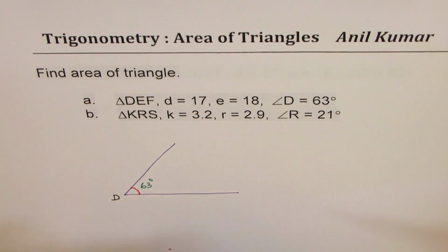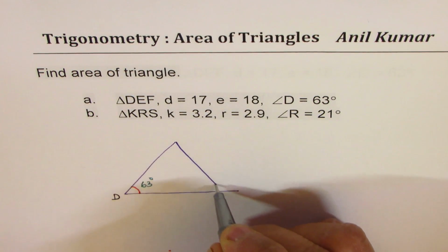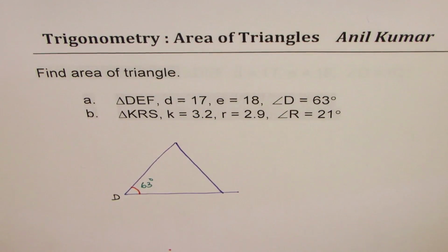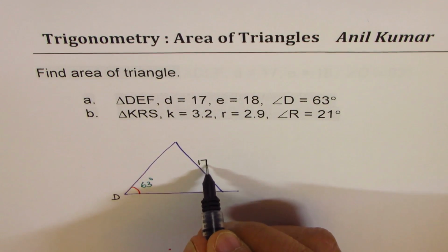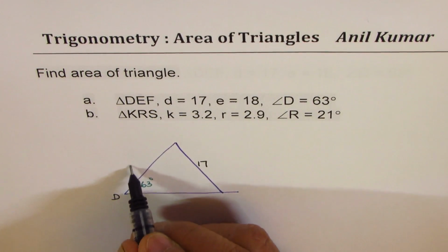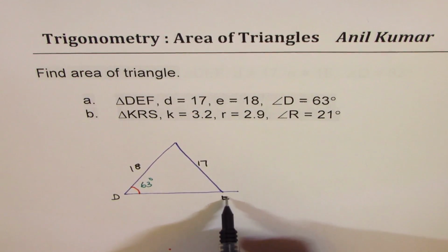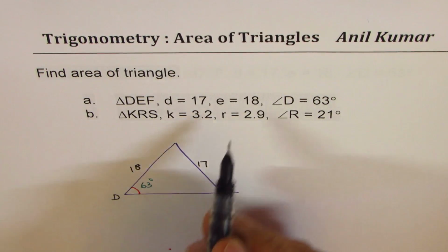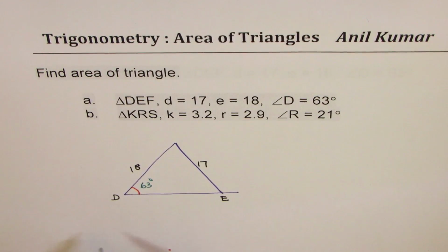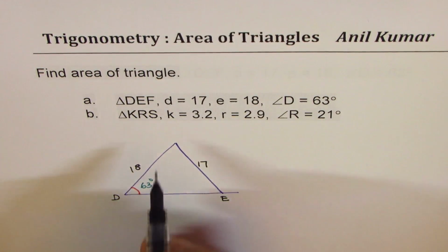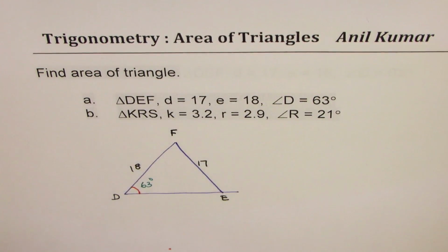So let me just join this like this, and we are given this side as 17. 18, let me write here, so the vertex E will be right there. So this E is 18. We need to find area of this triangle. Let me call this as F now.